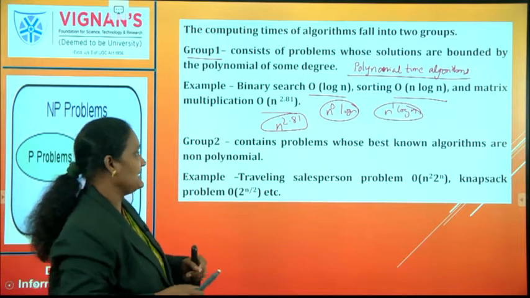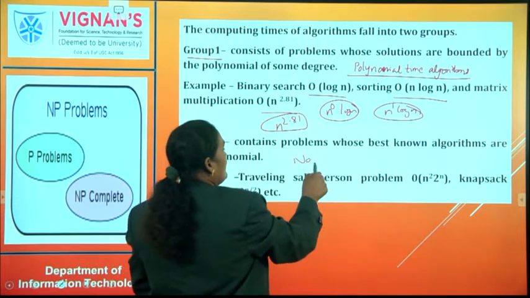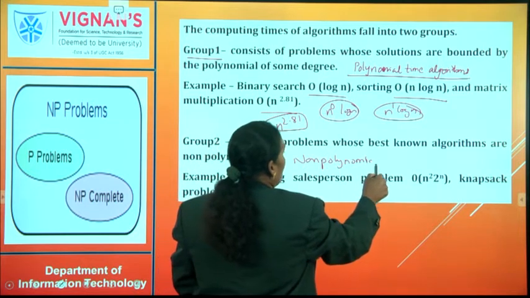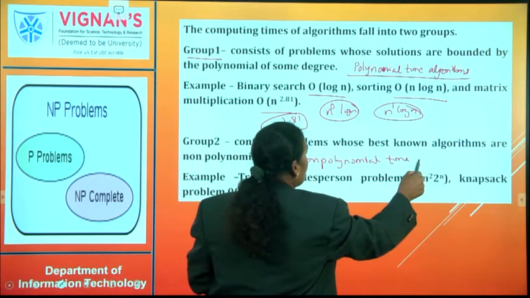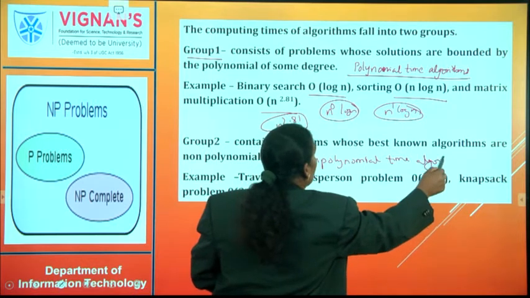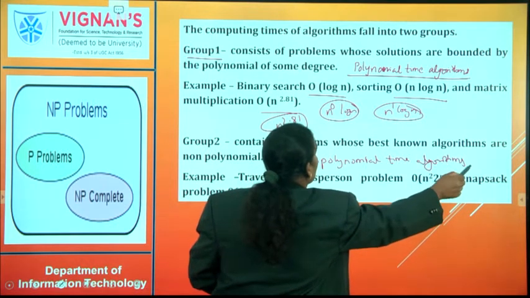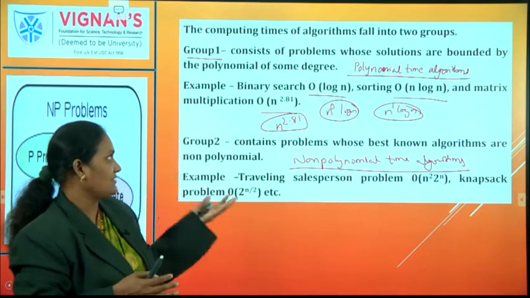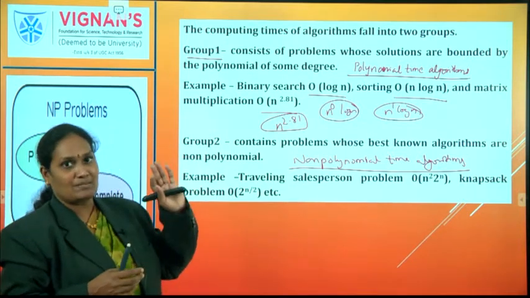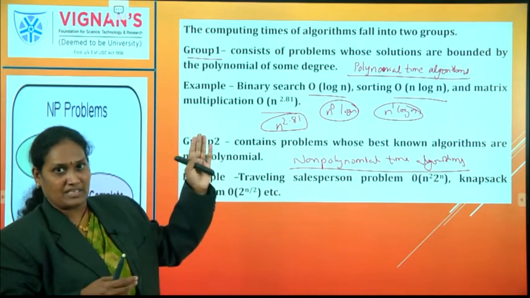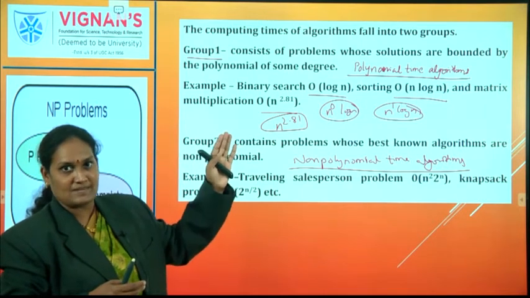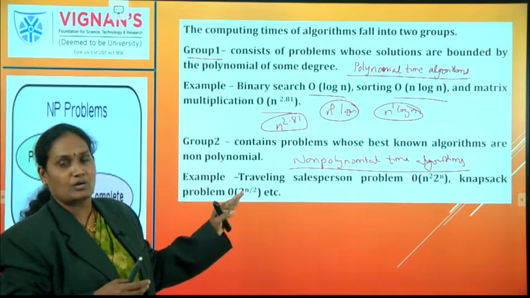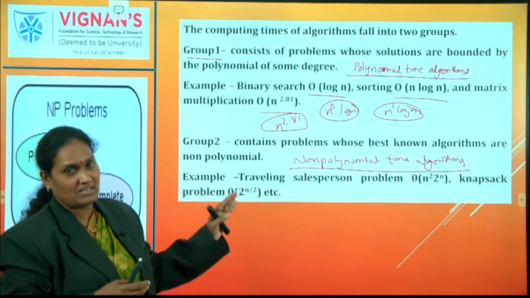Now group 2 are called non-polynomial time algorithms, whose time complexity cannot be expressed as a polynomial. So just reverse to the first one. Whose time complexity can be expressed as polynomial, those are called polynomial time algorithms. Whose time complexity cannot be expressed as a polynomial are called non-polynomial time algorithms.